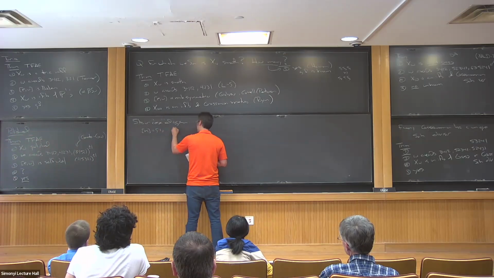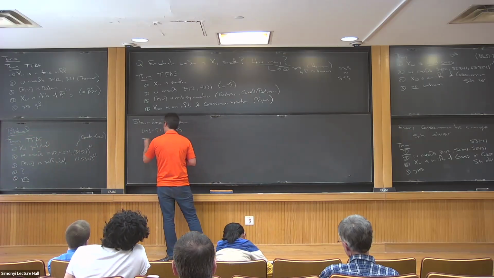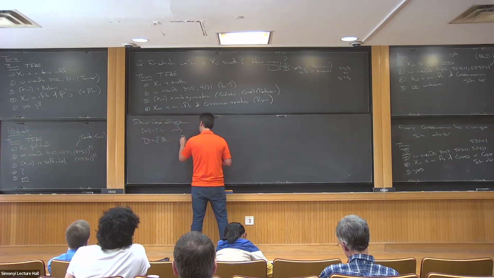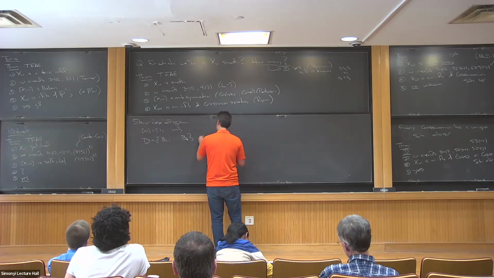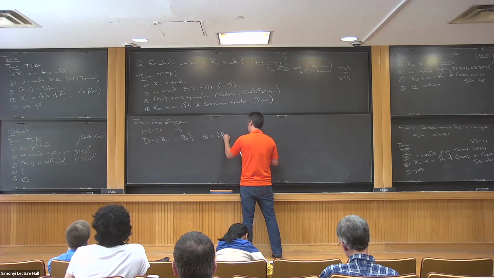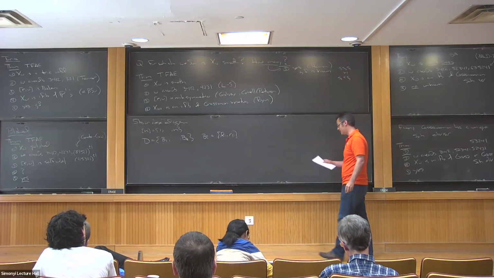Let's be the integers 1 through n. And I'm going to define D to be a sequence of intervals. So this is the rule: I want B_i to be an interval with a left endpoint and a right endpoint given by 1 through n.